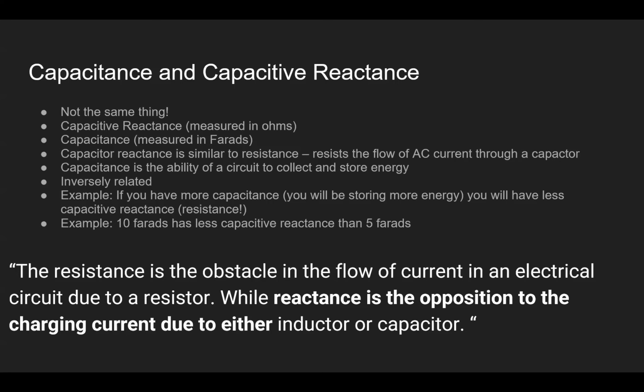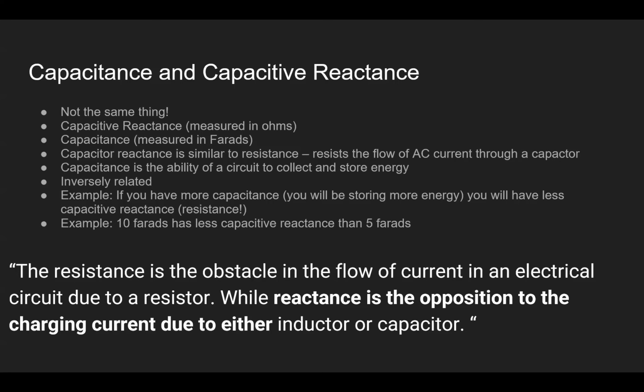This means that you're going to have less capacitive reactance, because reactance is what works against capacitance. So if you have the ability to store a lot of energy, it means that you're not resisting that either. So they work inversely. You can think of capacitance and capacitive reactance as current and resistance.